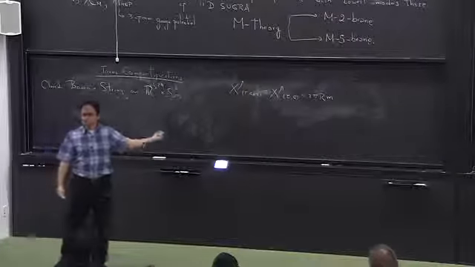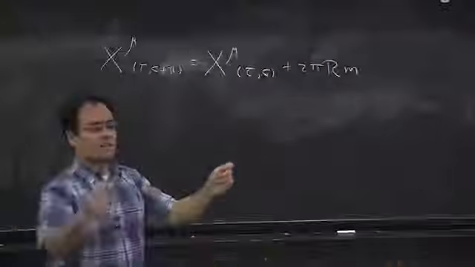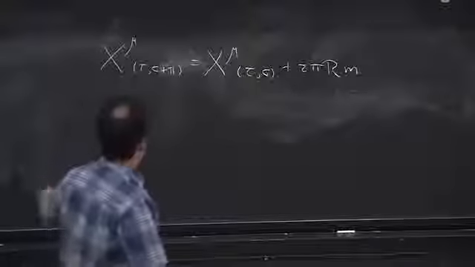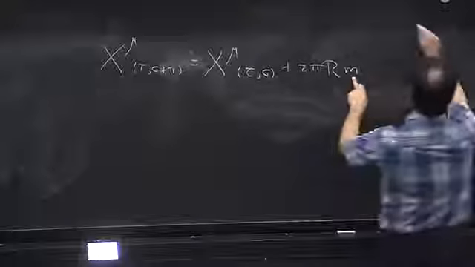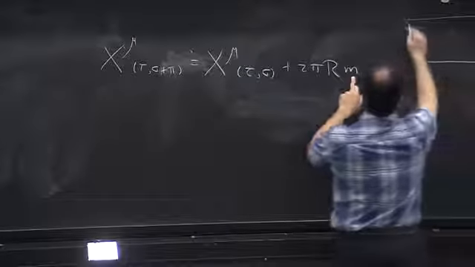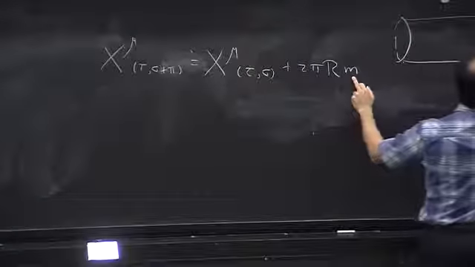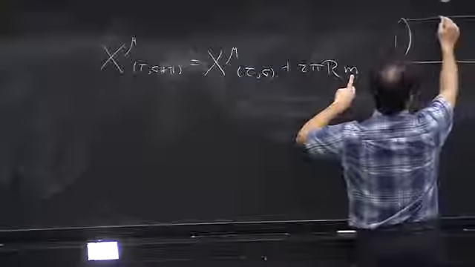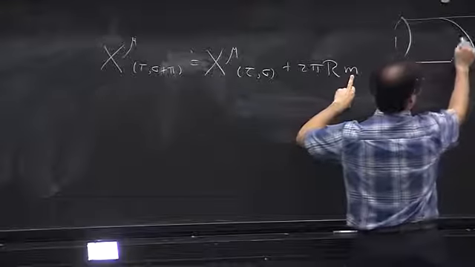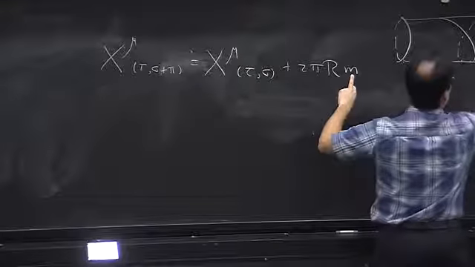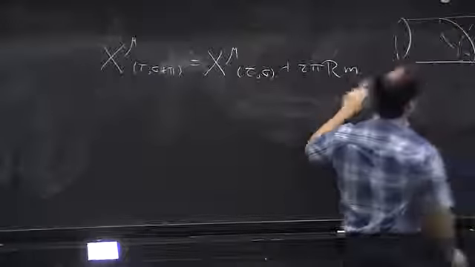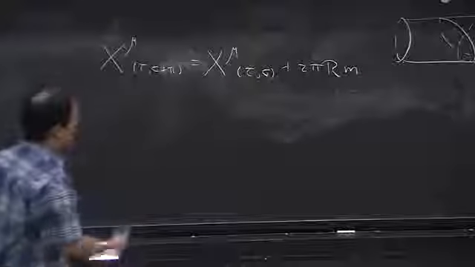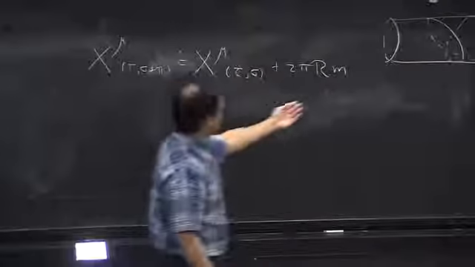Where M was an integer, and it was telling us the winding of this string. So what the M is telling us is that if this is a compact direction, in the M sector, we have a closed string that winds around the compact direction M times. So this was an integer.